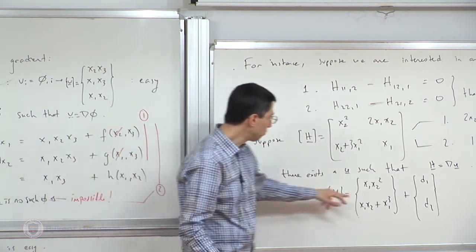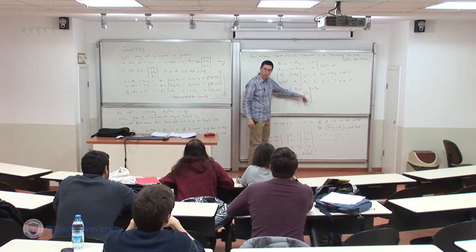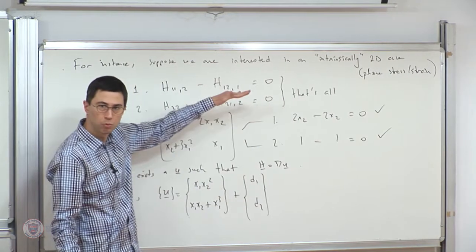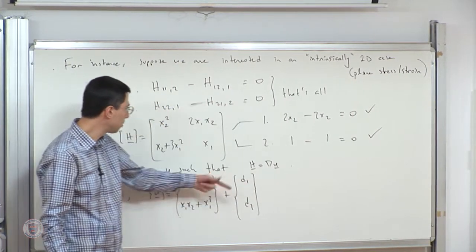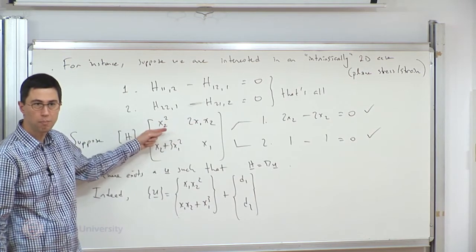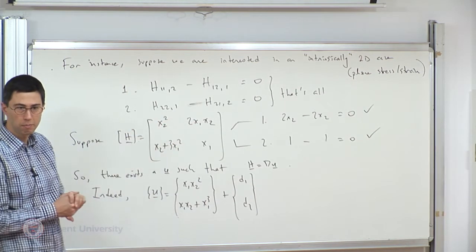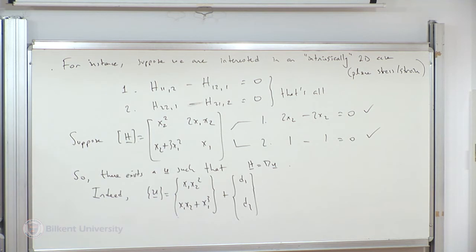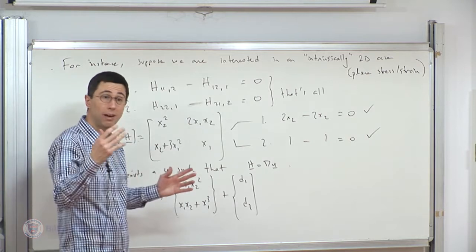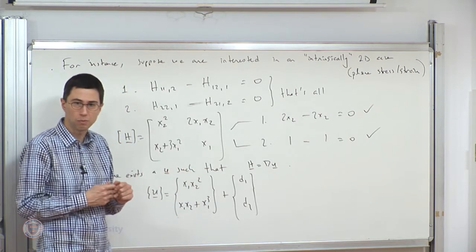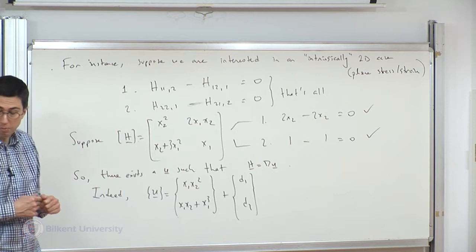The displacement moves up. So in other words, d2 increases, displacement moves up, but these are constants. When I take its gradient, the constants will not appear in the displacement gradient matrix. So it represents rigid body translation in this case. I don't have any boundary condition that tells me what those values possibly are.